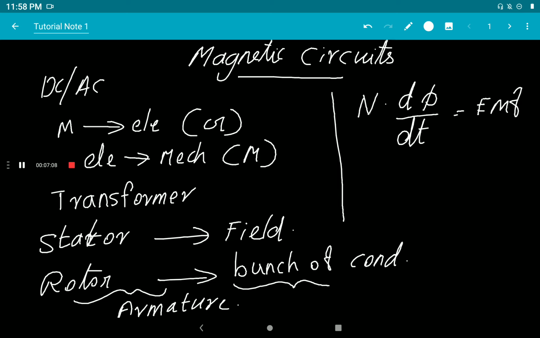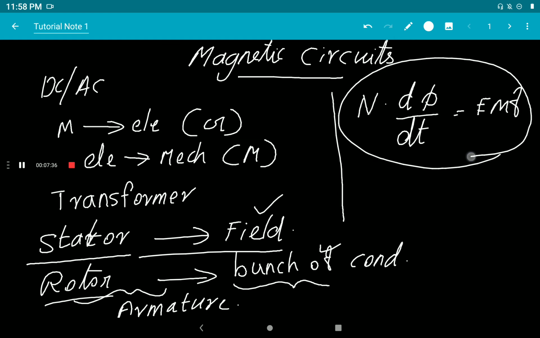Either it will have a stationary magnetic field on the stator and conductors on a rotating armature, or a rotating field and stationary conductors. Both of these actions are possible. And there is also another device which has stationary conductors. How will the EMF be produced?